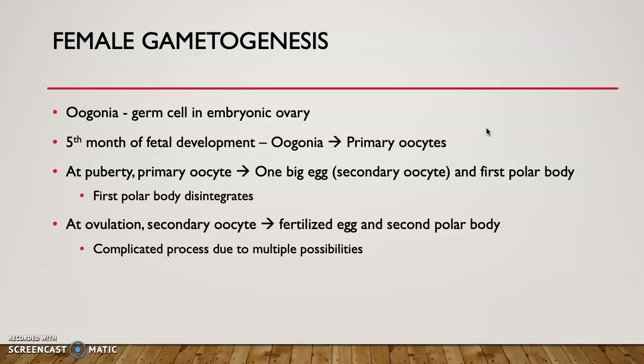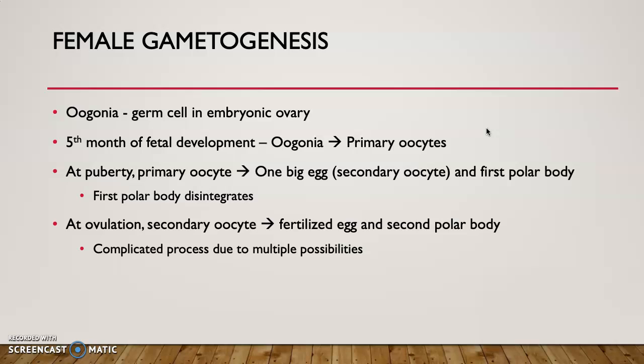This is where it stems off from the first process, because now we have an egg and a polar body, which we haven't seen yet. This first polar body pretty much just disintegrates, and now we're left with the big egg, or what we call the secondary oocyte.